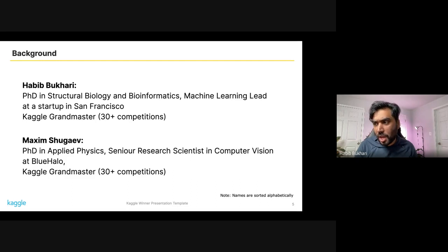Both of us regularly compete in Kaggle. Each of us has more than 30 competitions. Before solving this IceCube challenge, we worked together on a challenge before, detecting gravitational waves. So we know each other from a previous challenge. We both started independently working on the IceCube challenge, and we saw each other on the leaderboard, reached out, and started talking.